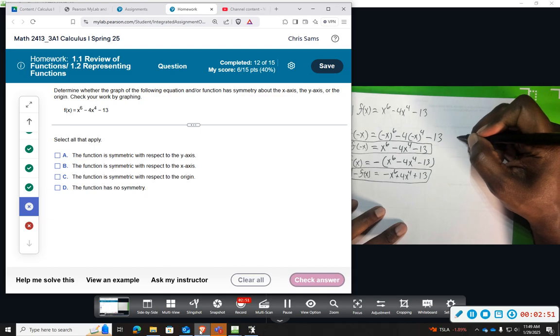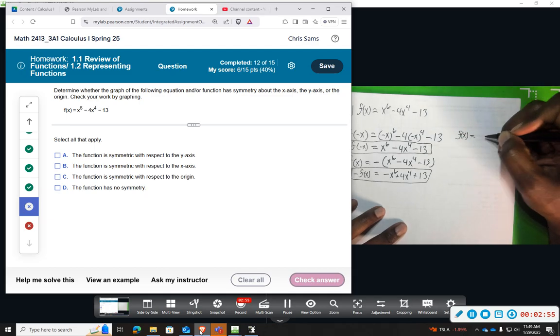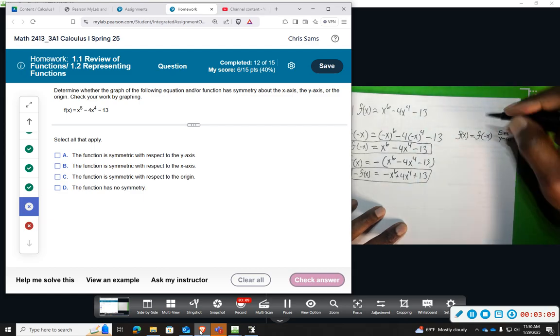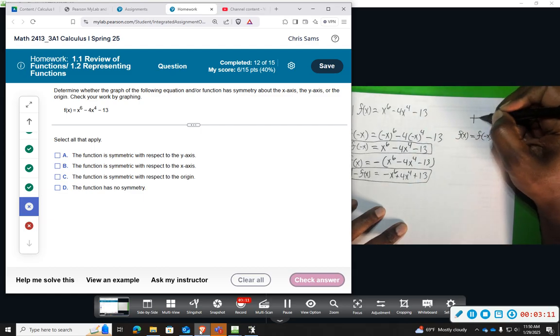Okay, so now the properties of symmetry, these are the things we want to check. We're going to see if the original f of x function gives you the same function as f of negative x. This tells you even, or y-axis symmetry. The way you think about that, if you had a graph and I went from a positive x value to a negative x value, that flipped across the y-axis.